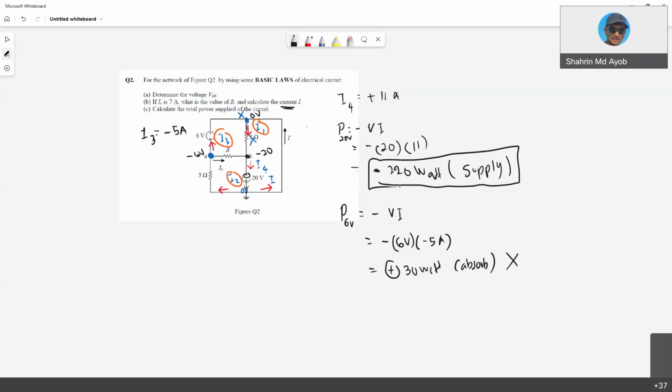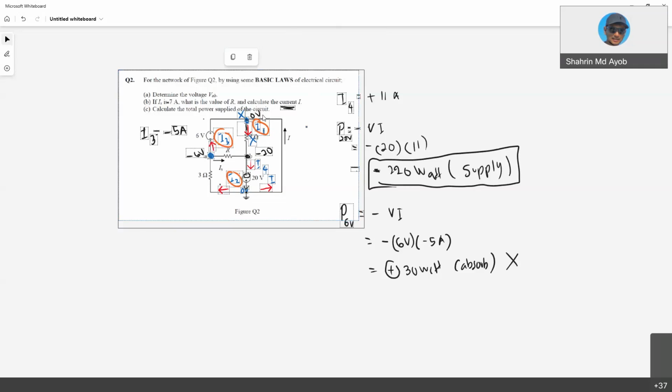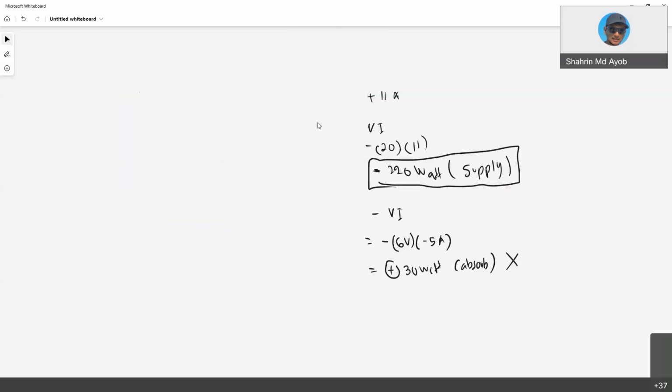Okay, next we go for the second question. This one is quite tough, because I modified the question. Sometimes when we modify it, it seems very difficult.